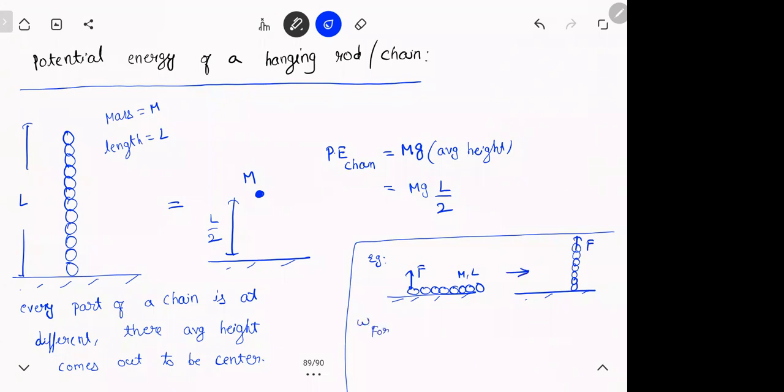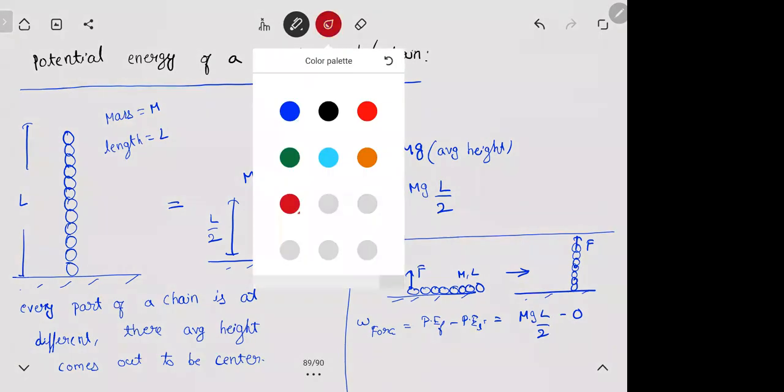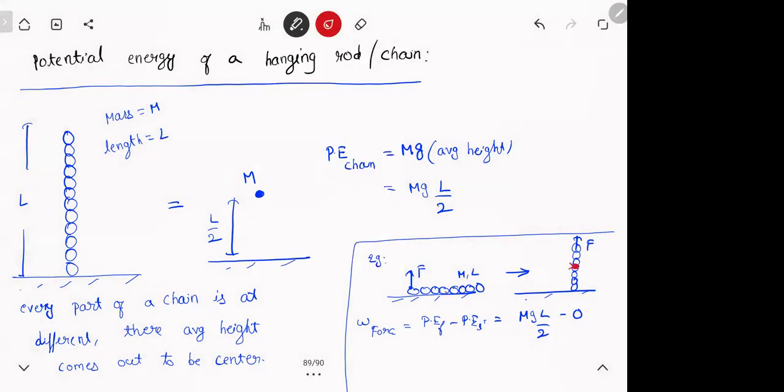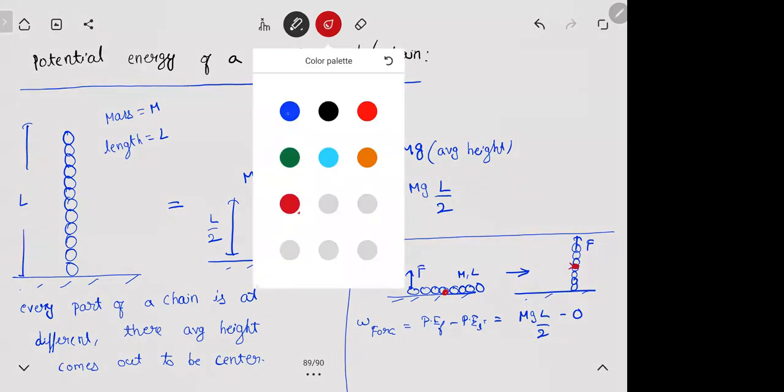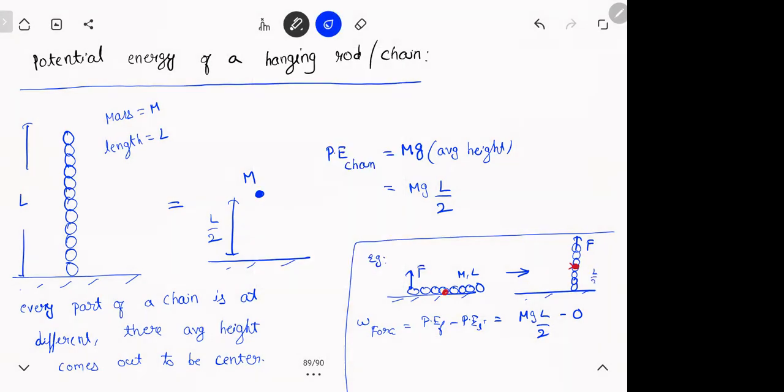The work done by force is potential energy final minus potential energy initial. So this potential energy will be mg L by 2 minus 0. You take the average. This is 0 initially because it's on the same level. The work done by the force to lift the chain is mg L by 2.